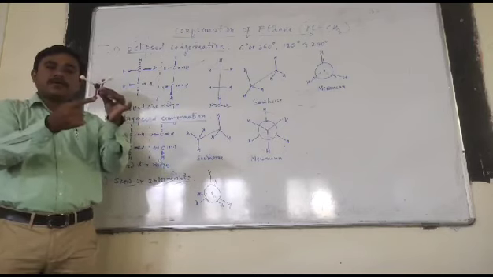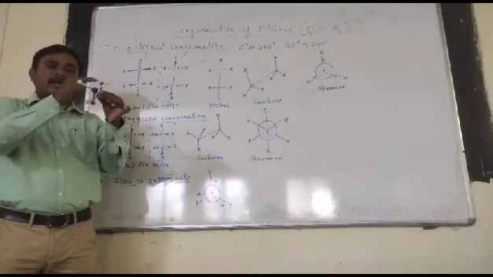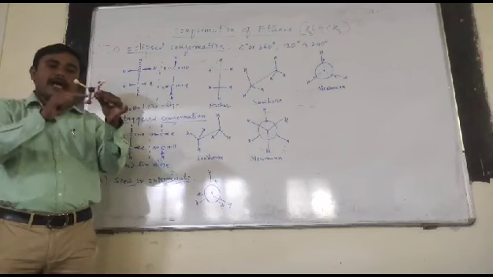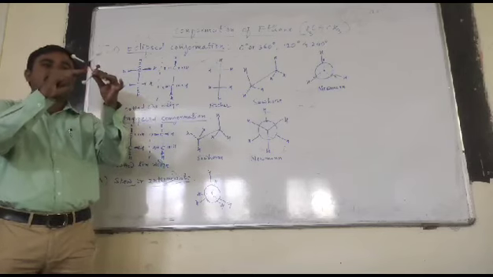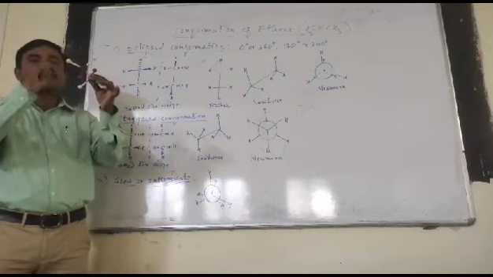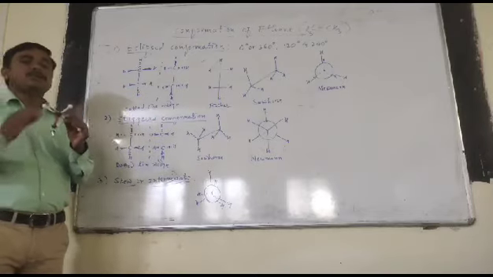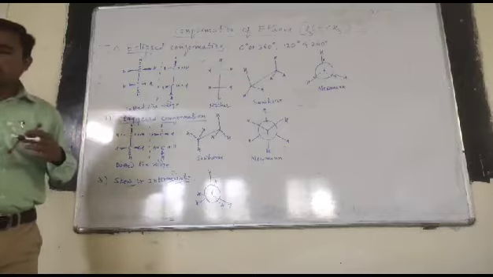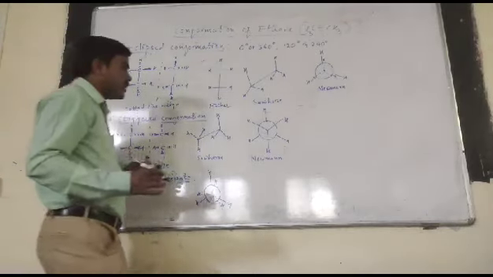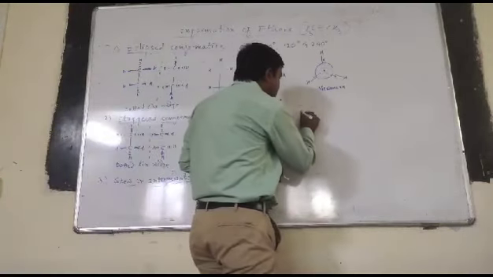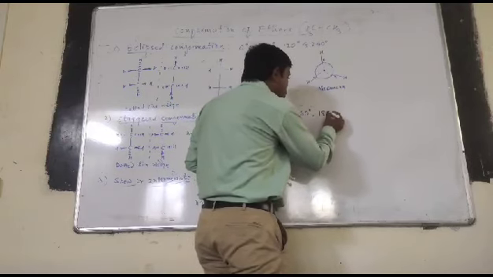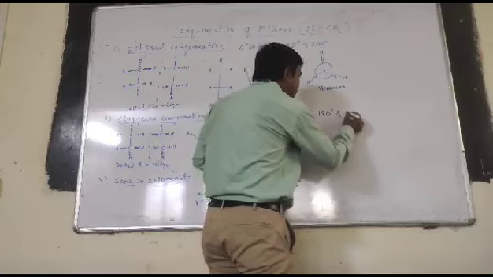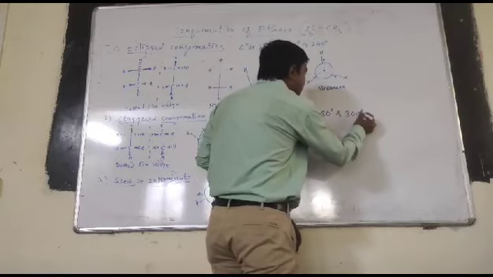So the atoms present on the front carbon atom and the atoms present on the rear carbon atom are at the longest distance or farthest distance. This conformation is known as the staggered conformation, which takes place at dihedral angles of 60 degrees, 180 degrees and 300 degrees.